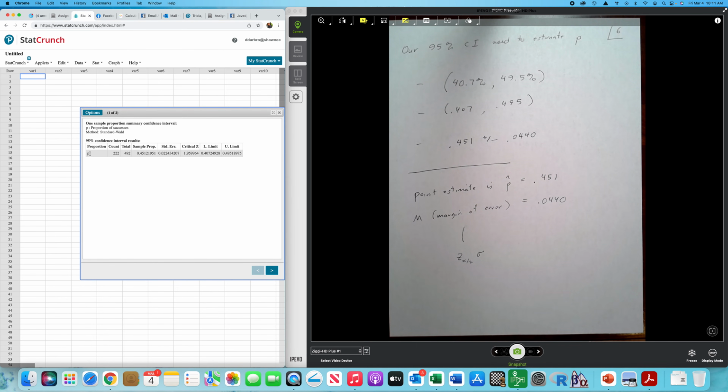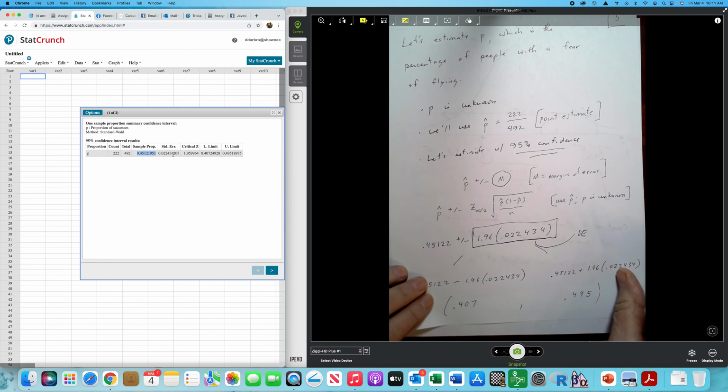Moving from left to right, we have a P, which means we're estimating P. Our count is 222 over 492. Again, this is the point estimate. The sample proportion is 222 divided by 492, the point estimate. The standard error, 0.022. Remember that earlier. That's this part.